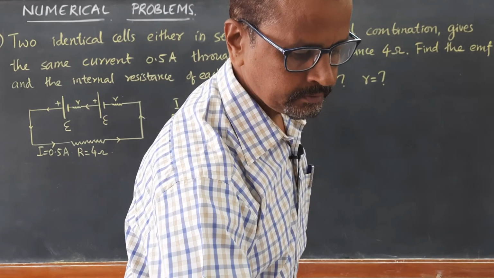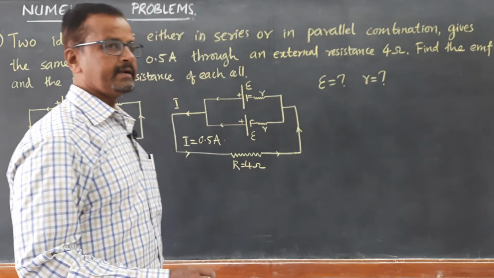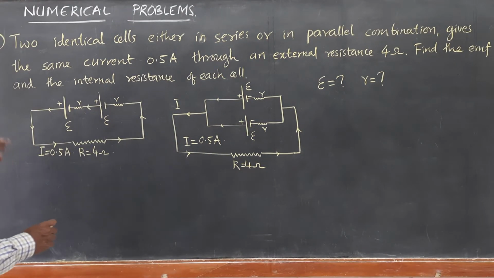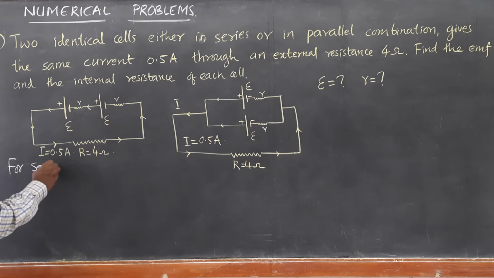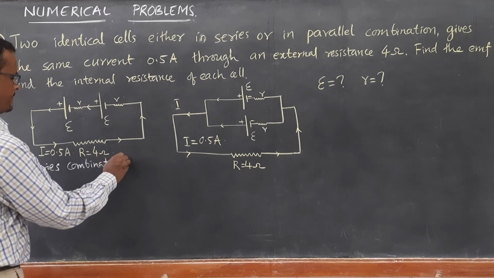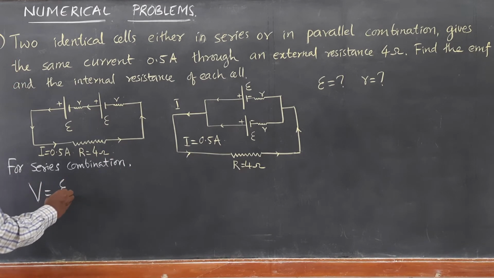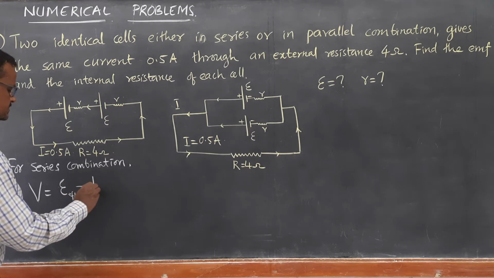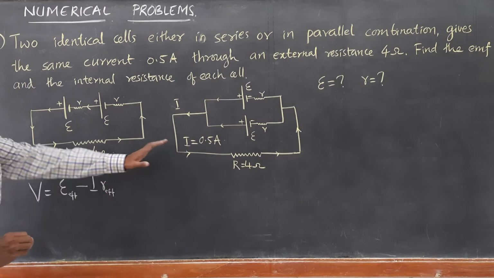So now we will solve it step by step, applying the theory of series and parallel combination. Let us consider the series combination. For the series combination, the terminal potential difference V equals E effective minus I into R effective. The equation is the same for both.